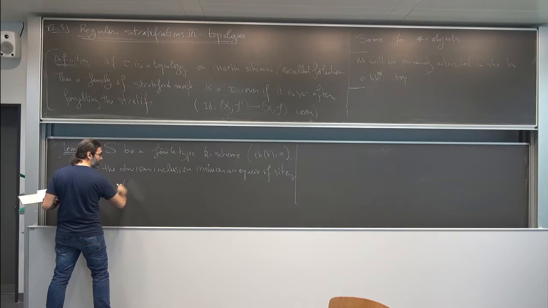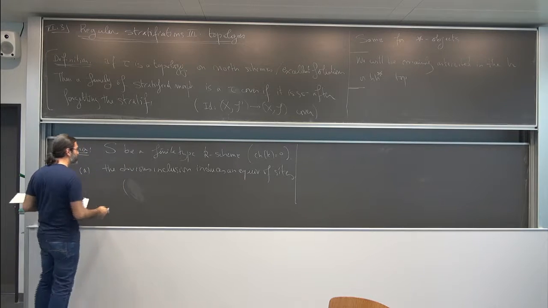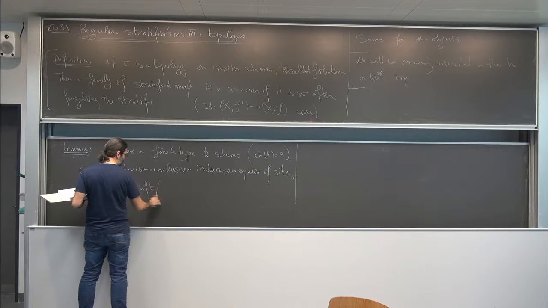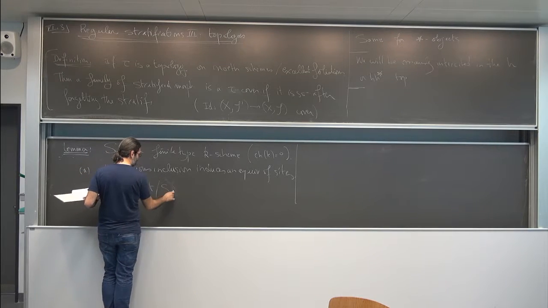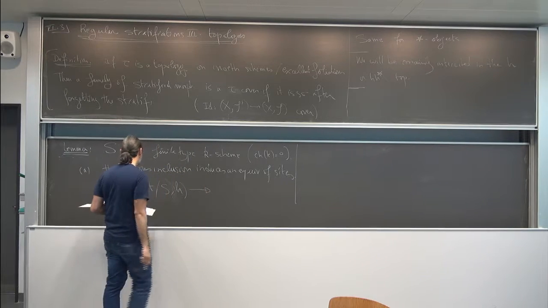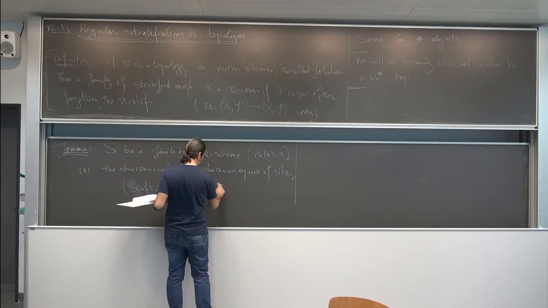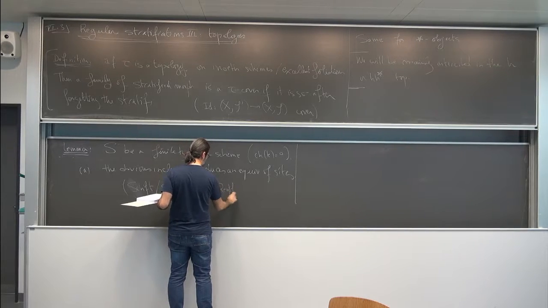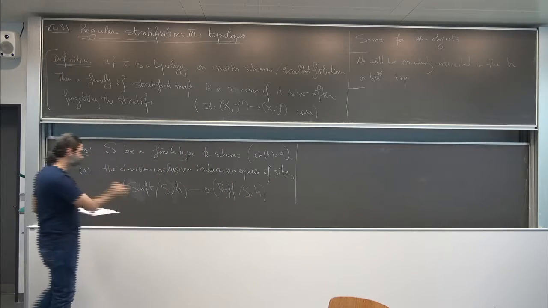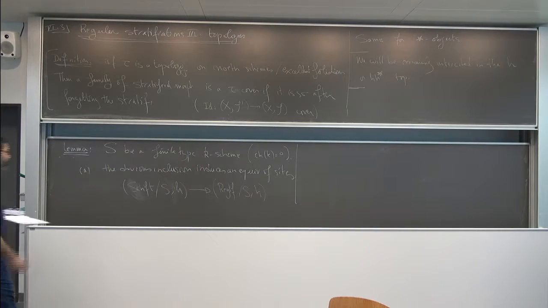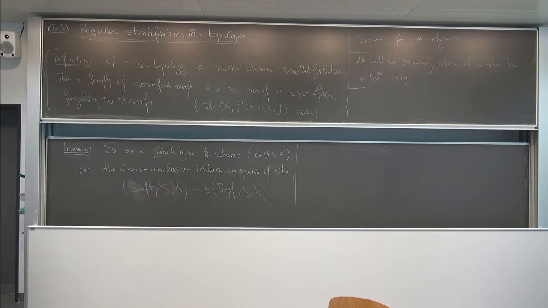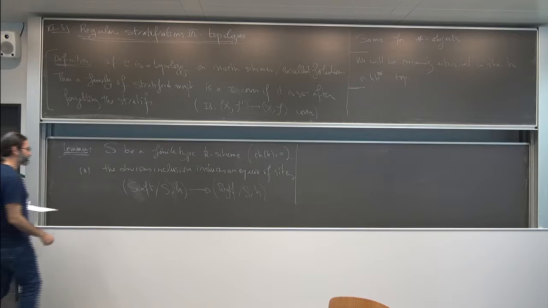I write it in the opposite direction: finite type schemes over S for the H topology. There's a morphism of sites that goes to regular schemes for the H topology, given by the inclusion of regular schemes into schemes. So this is an equivalence of sites. It means that it induces an equivalence on the topos.